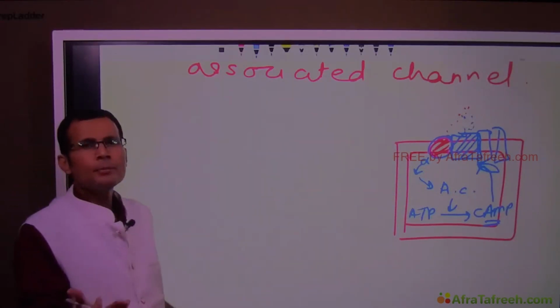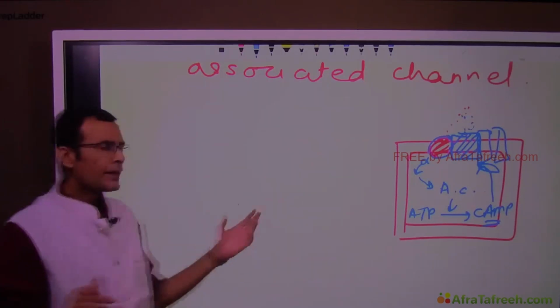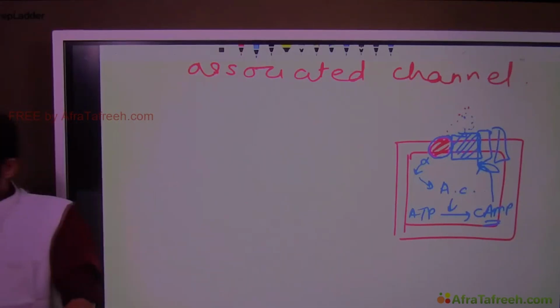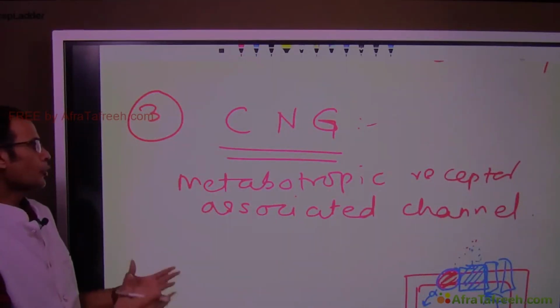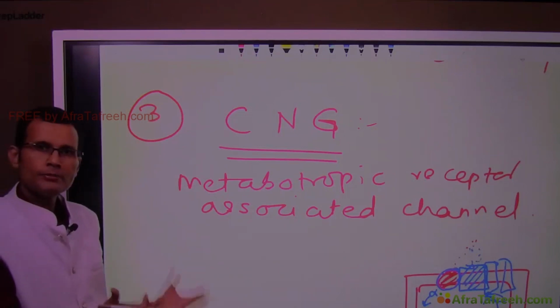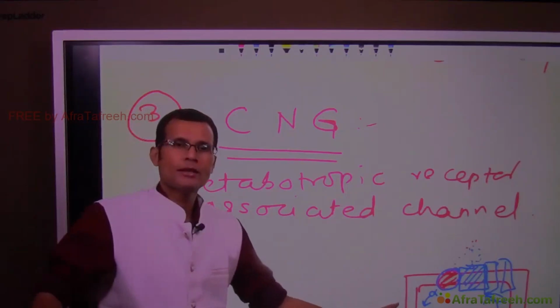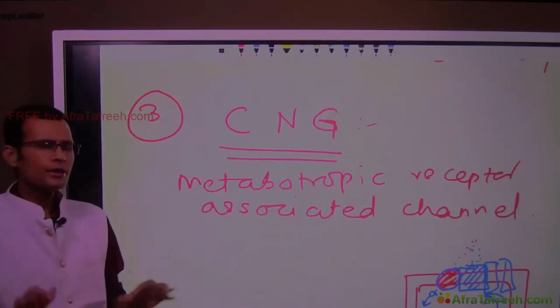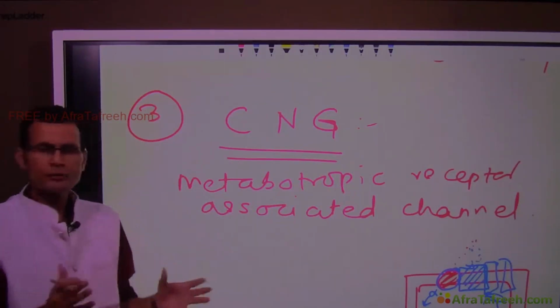Cyclic GMP gated channel is seen in the retina, in the rods, or cyclic AMP gated channels are seen in the heart or at some other places. So that's the cyclic nucleotide gated channel, metabotropic receptor associated channel. Why is it called metabotropic? Because the metabolic machinery of the cell is getting activated, unlike the previous one where just a simple opening mechanism and ionic flux happens.